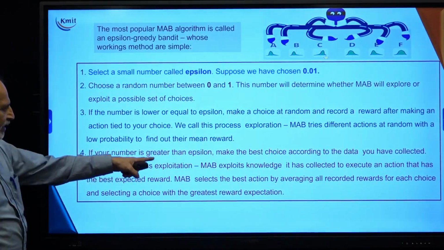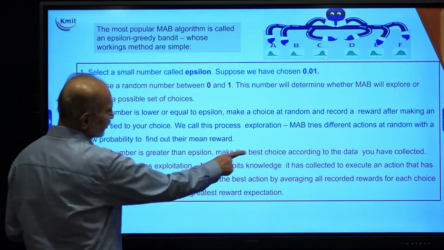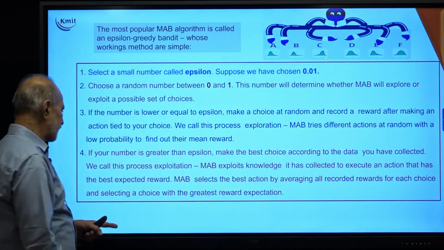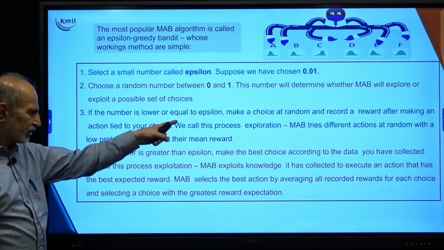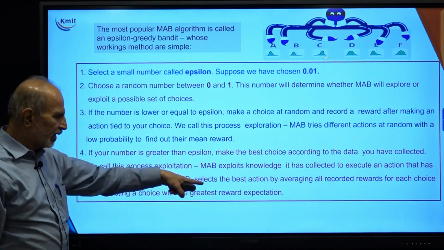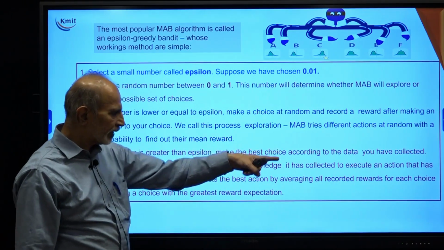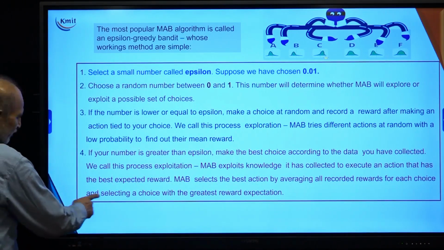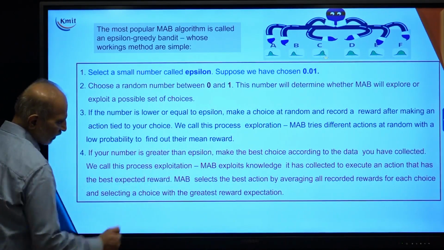If your number is greater than epsilon, make the best choice according to the data you have collected, and we call this process exploitation. MAB exploits the knowledge it has collected so far to execute an action that has the best expected reward. So, naturally I will go for this one.